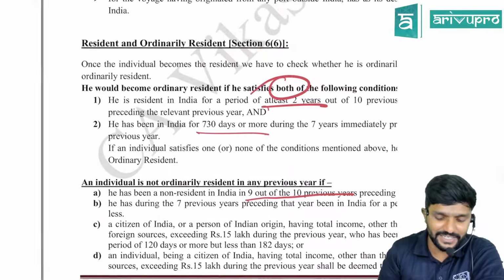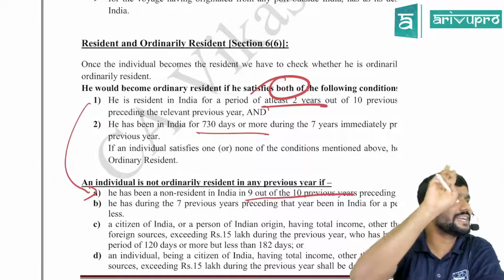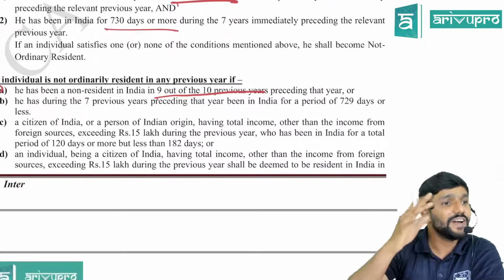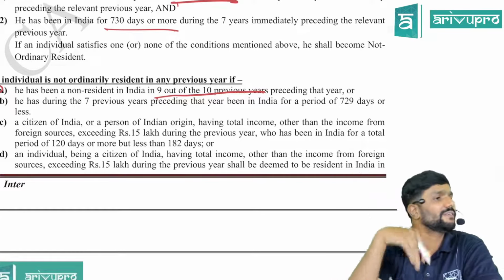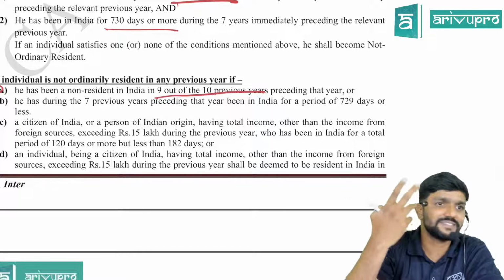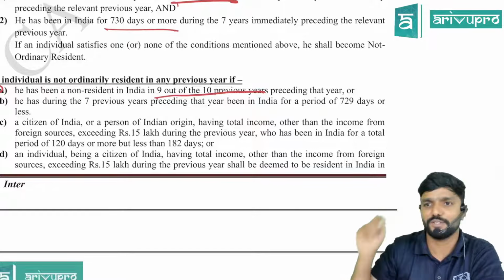They have just reversed this, that's all. What is the first condition under 6(6)? You should be resident at least for 2 years out of 10 years. Here they are telling you are non-resident in 9 out of 10, so obviously you are not resident for even 2 years. Vice versa, that's all.